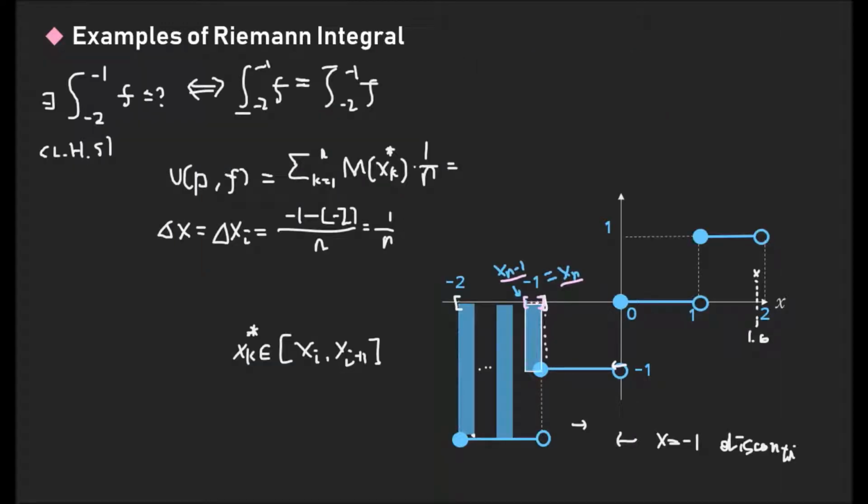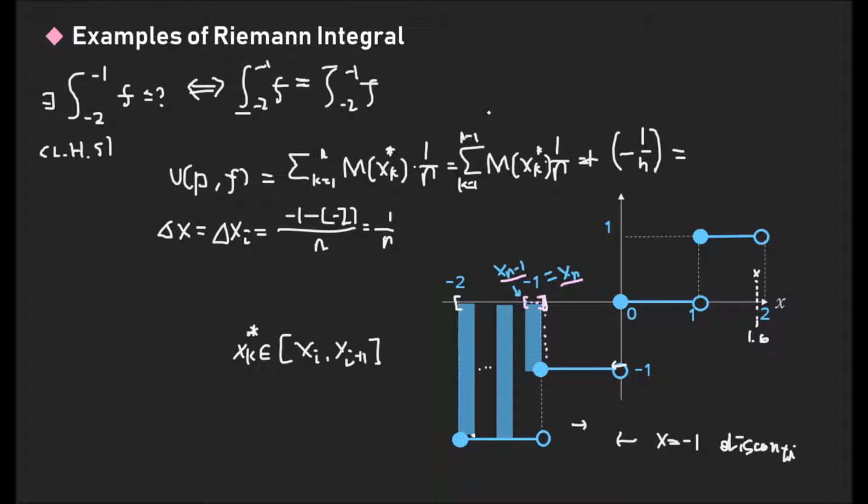If we calculate the upper sum here, the sum over k from 1 to n minus 1 of M_k times 2/n, the last part is minus 2/n.